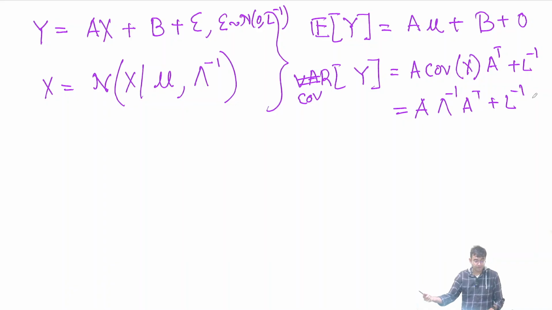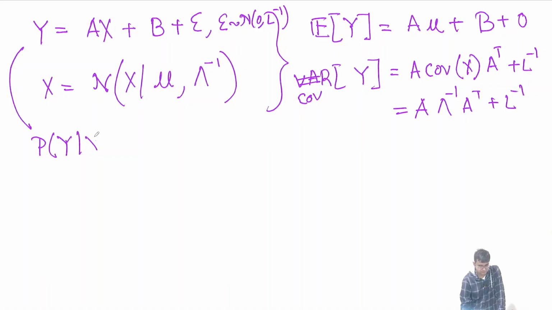Now what is probability of y given x from this? What is the distribution, given that epsilon is Gaussian? Forget about parameters for now.